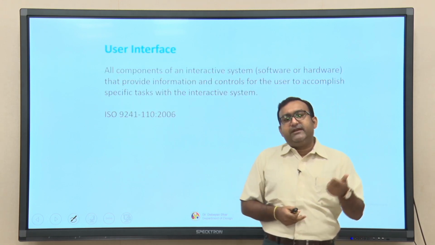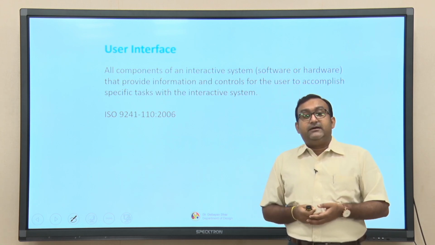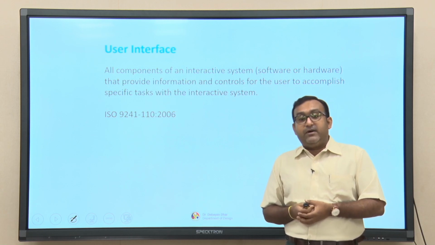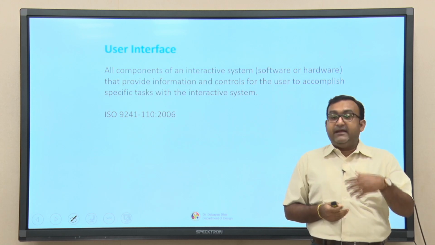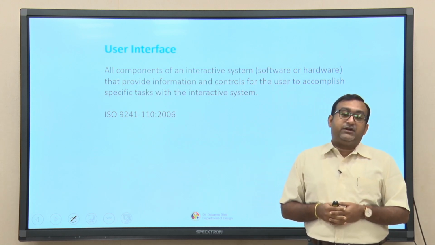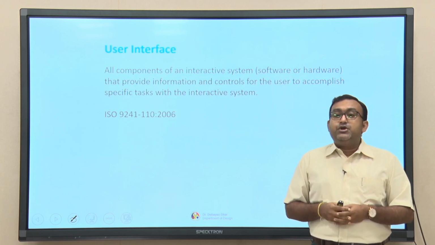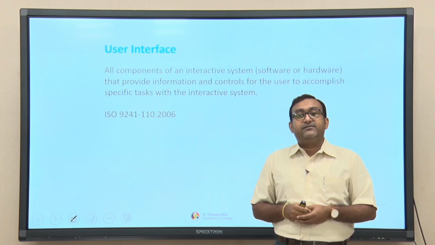Similarly, user interface is defined by ISO 9241 as all components of an interactive system, be it software or hardware, that provide information and controls for the user to accomplish specific tasks with the interactive system.